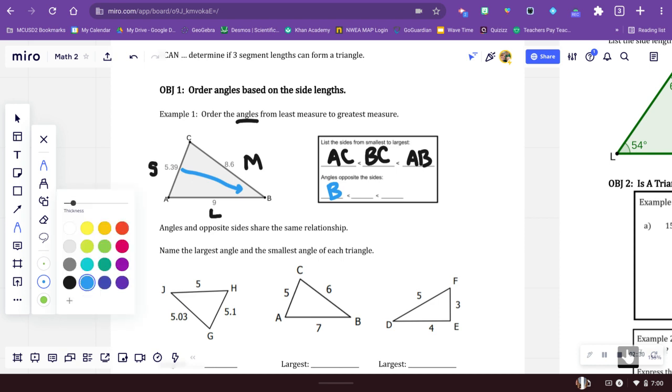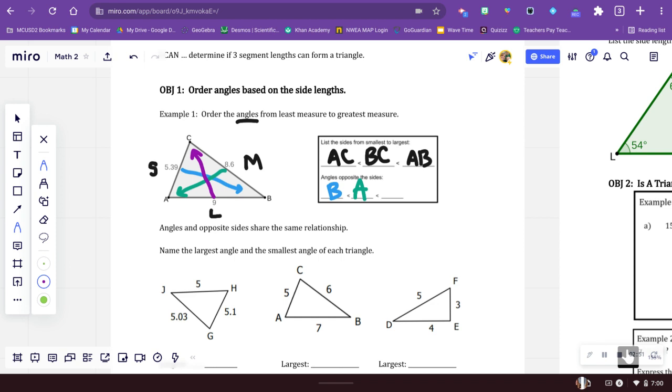And then the medium side is 8.6, and if I draw a line across from that, I hit angle A. So angle A is the medium size angle, and then the last angle would be the last one left, or going across from the largest side, I would hit angle C. So the angles in order from smallest to biggest would be angle B is the smallest, angle A is the middle, and angle C is the largest.